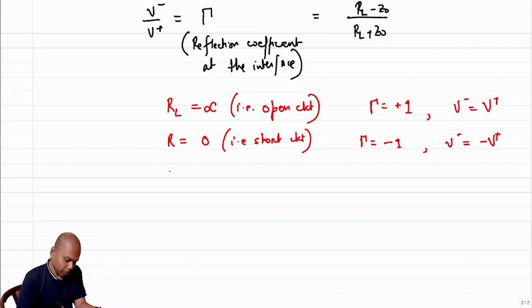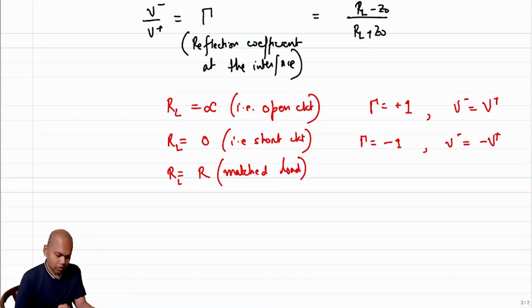And most importantly, if RL is equal to R, this is often called the matched load, then gamma is equal to 0, then V minus is equal to 0.